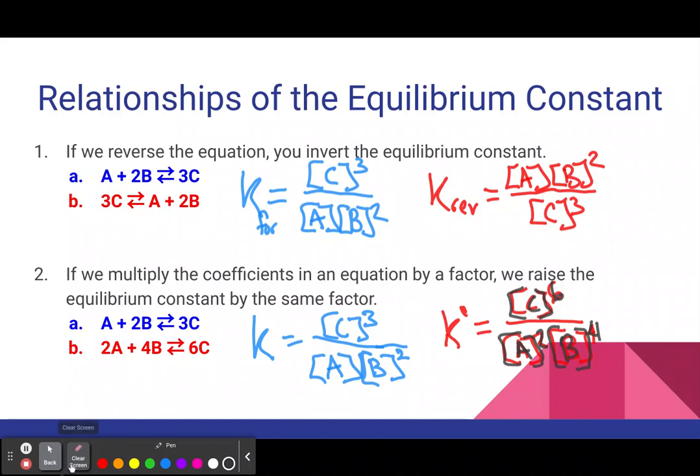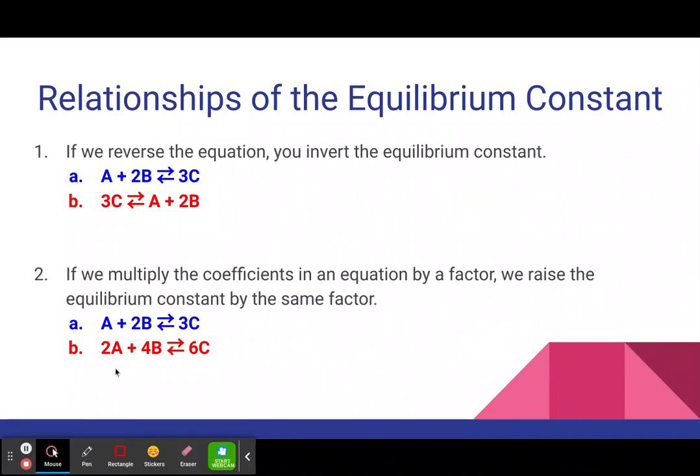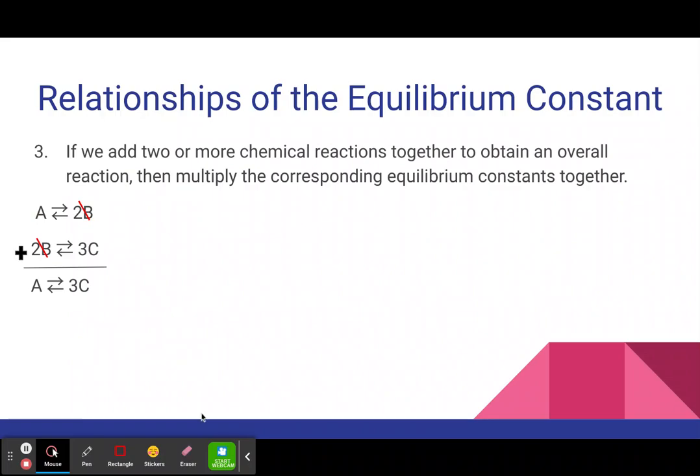Let's talk about the last one. The final one is if we add 2 or more chemical reactions together to obtain an overall reaction, then we multiply the corresponding equilibrium constants together. So let's write the equilibrium constants for both.